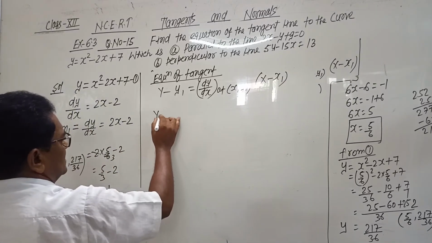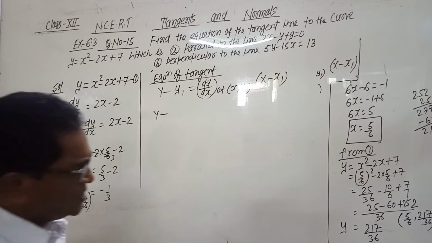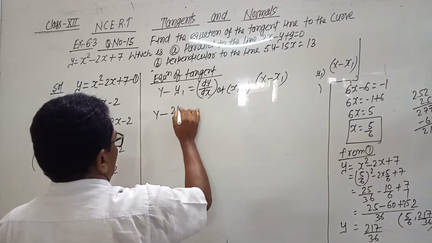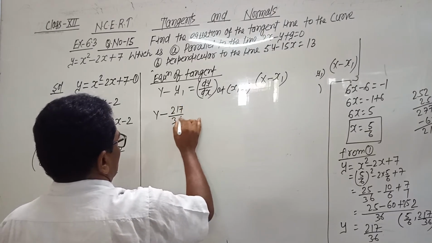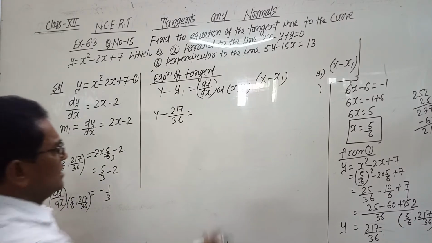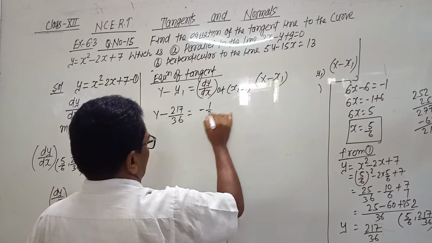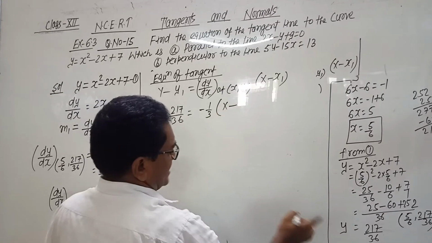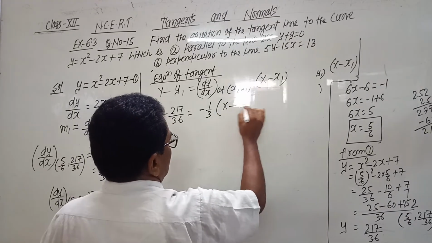So y minus, the value of y1 is 270 by 36, and dy by dx at (x1, y1) comes to be minus 1/3, and x minus x1 is 5/6.